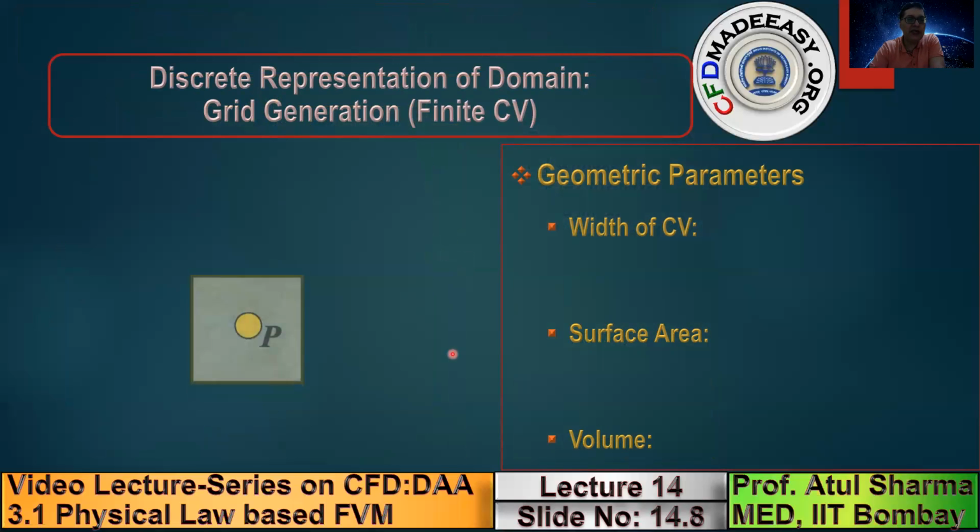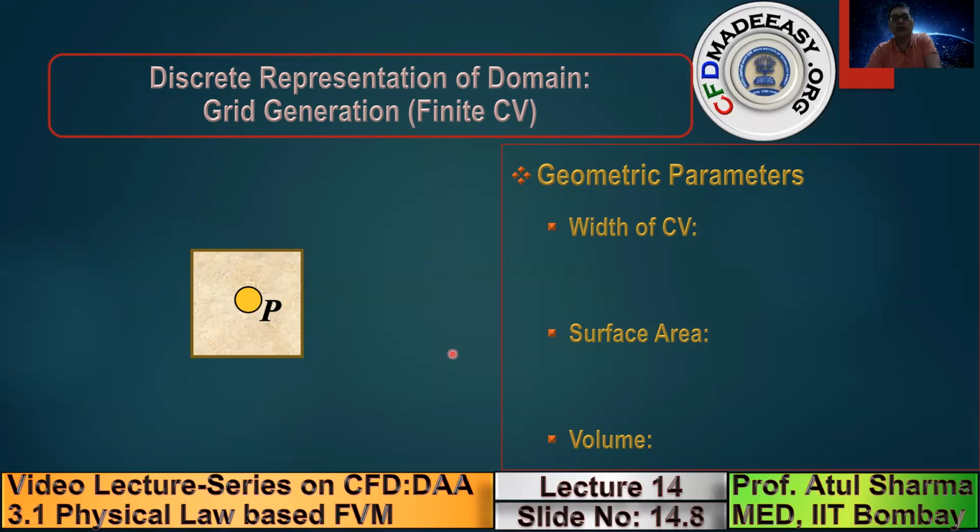So as I mentioned in my previous slide, after grid generation, we calculate certain geometrical parameters. Note that later in our formulation, these geometrical parameters appear as the coefficients of the linear algebraic equation. What are the coefficients? If you have a linear algebraic equation 3x plus 4y equals 9, then 3 and 4 are the coefficients of x and y respectively.